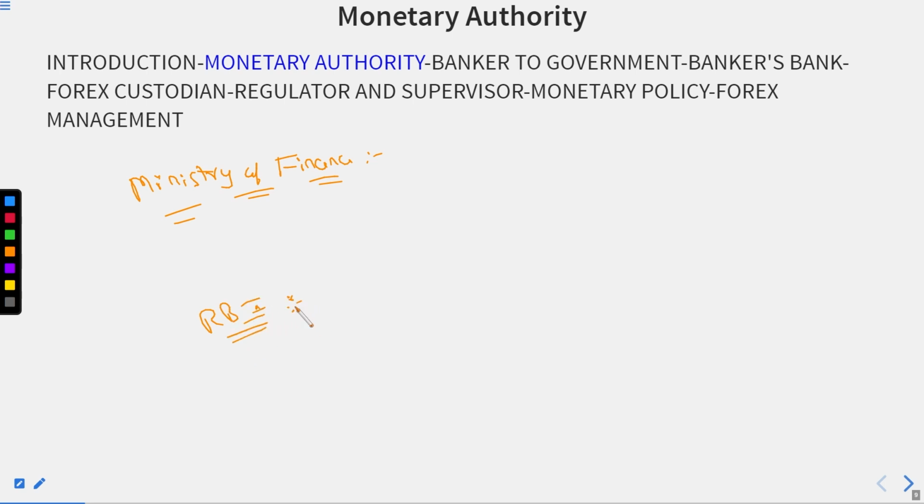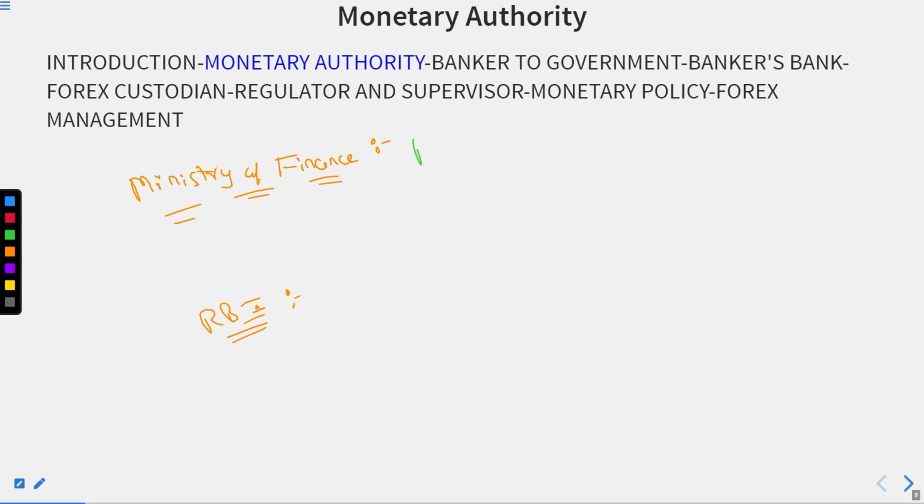And both of these bodies are involved in some specific policies. Now the question is, what are these policies? Which policy does the Ministry of Finance make and which policy does the RBI make?